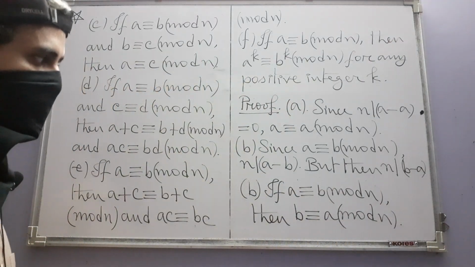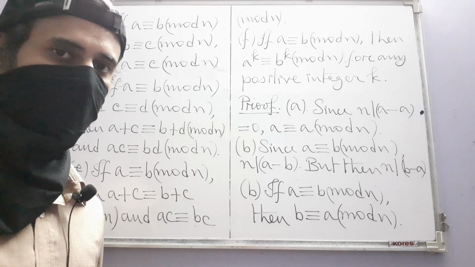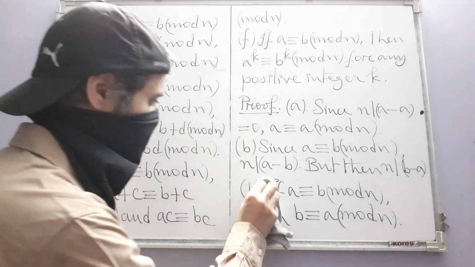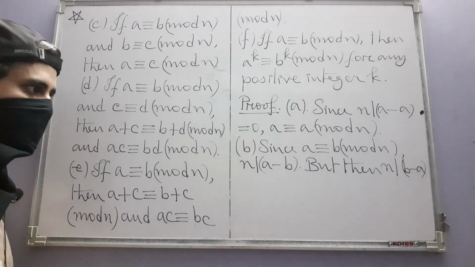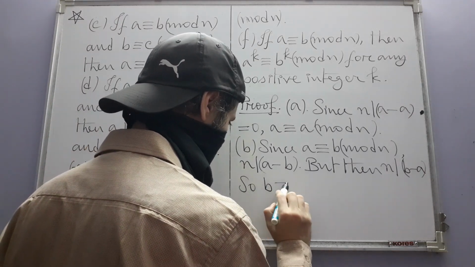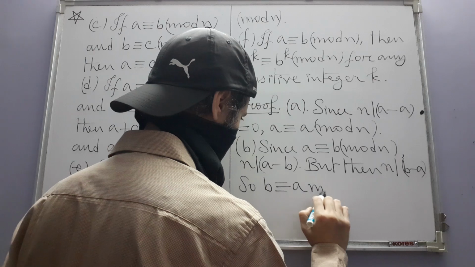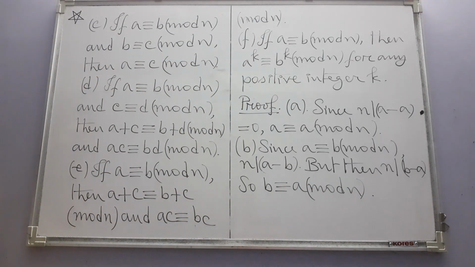Why? Because when n divides an integer, it also divides its negative. So B is congruent to A mod n, and that is part B.